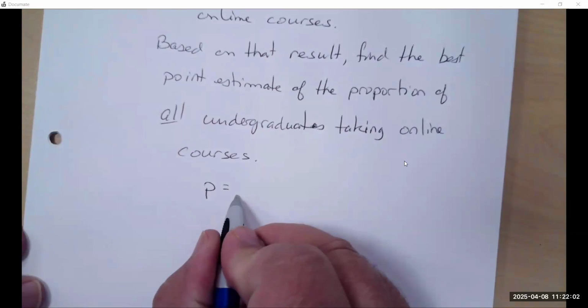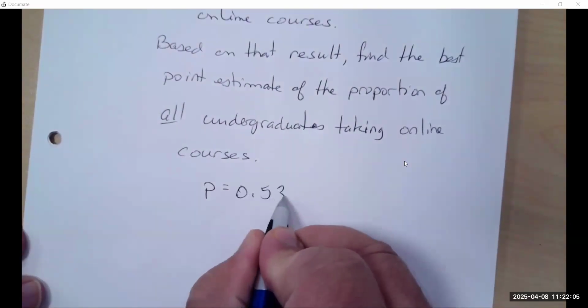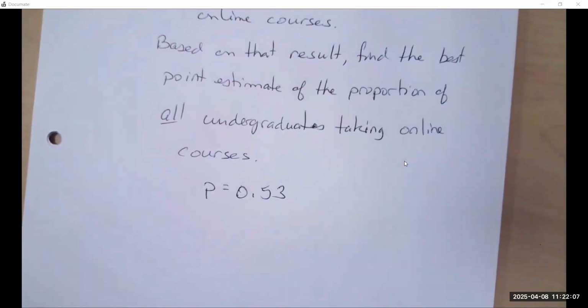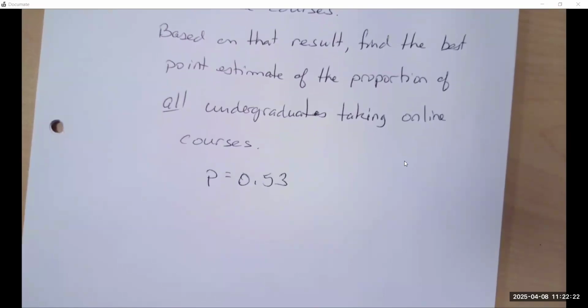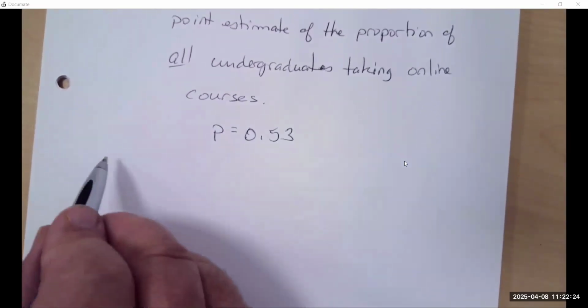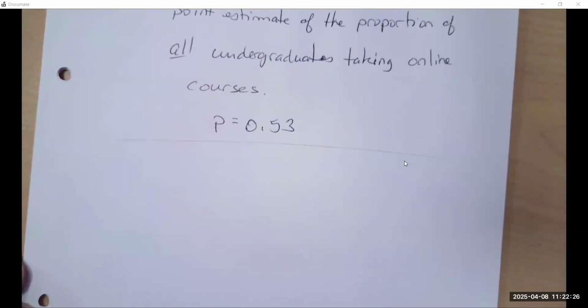Right, so 0.53, because that says 53% of whatever the number of sampled undergraduates there are. Then we're going to talk about how confident we are about this. We'll look at 90, 95, and 98% confidence intervals and see what that means.